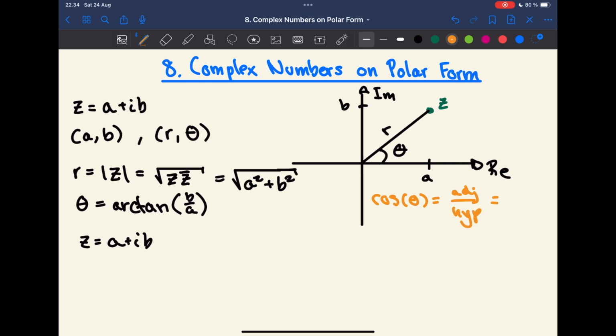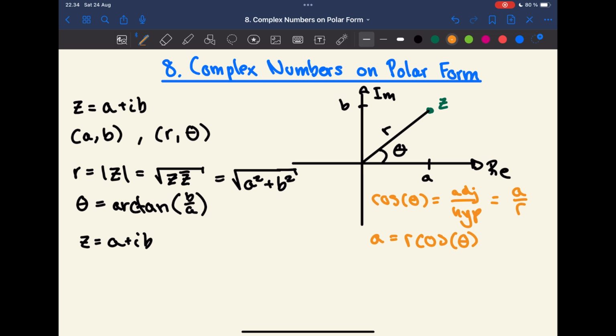The adjacent is just this line, and the length of this line is just a, and the hypotenuse is r. So it's just going to be a over r. But what we are interested in is actually a. So let's isolate a by multiplying with r on both sides. So we get a equals r times cosine of theta, the argument.